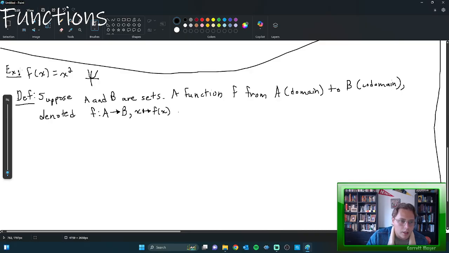That is where you can explicitly define it. So yeah, that's the notation.